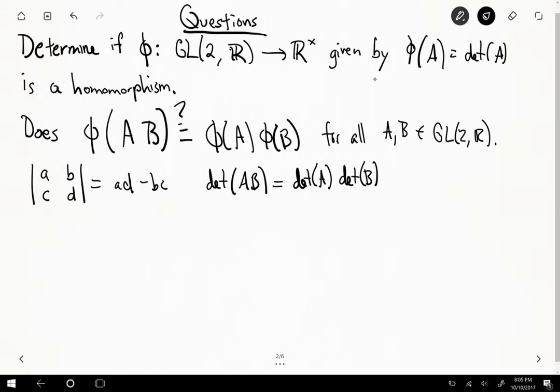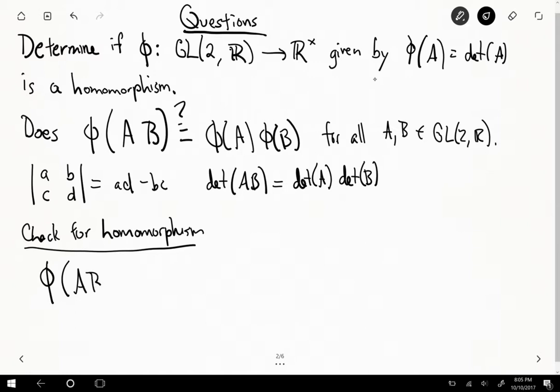So our check for a homomorphism: we'll go phi of AB, and once again I'm assuming A, B are elements of our matrix group there.